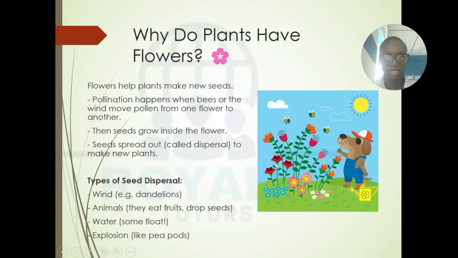If you see this image here, it's the image of nice flowers, and this is a farmer, and you have insects around. We said pollination happens when bees or wind move pollens from one flower to another. Now, plants have this part of them that is called pollens. Those tiny dots on the flowers are the pollens.